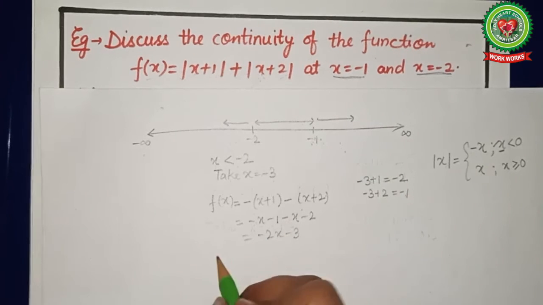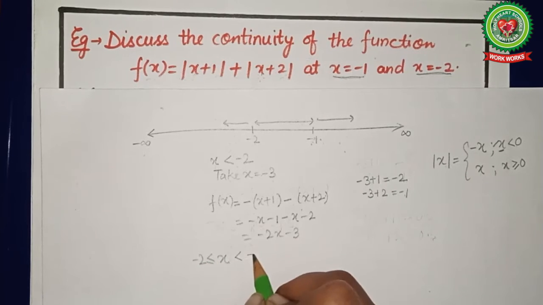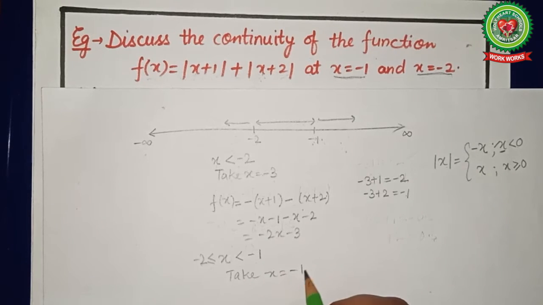Similarly, the second case is when x is greater than or equal to -2 and less than -1. Here you can take any value that lies between -2 and -1. Take x = -1.5.